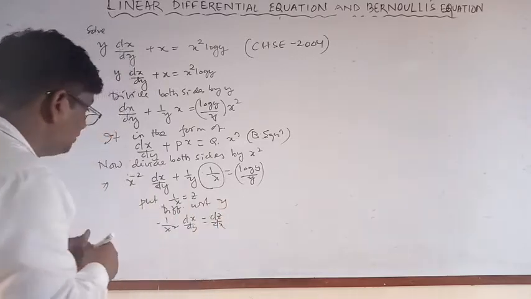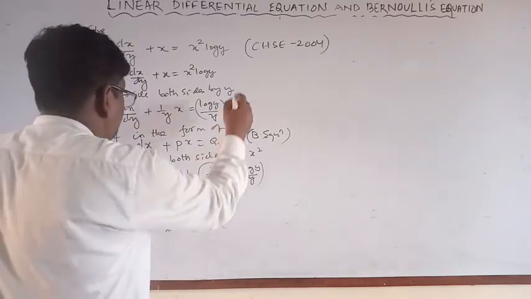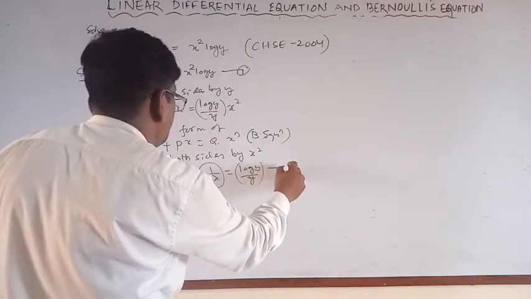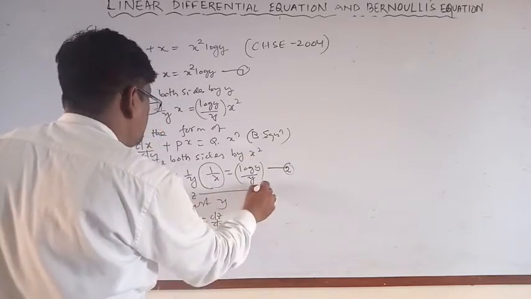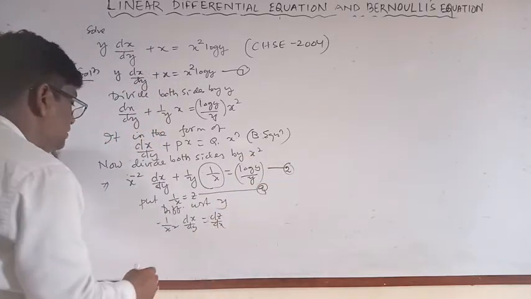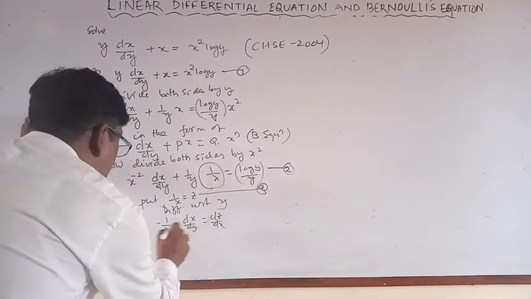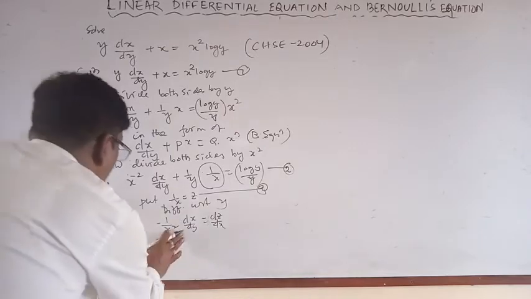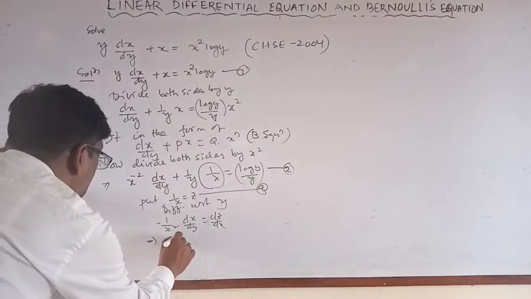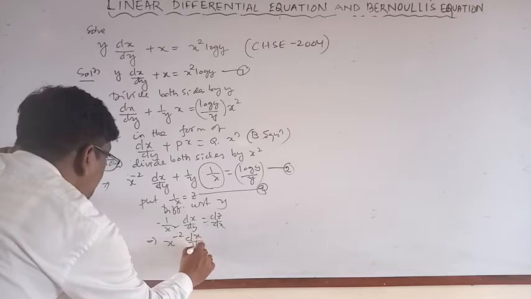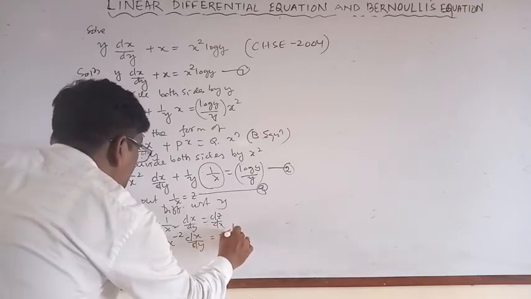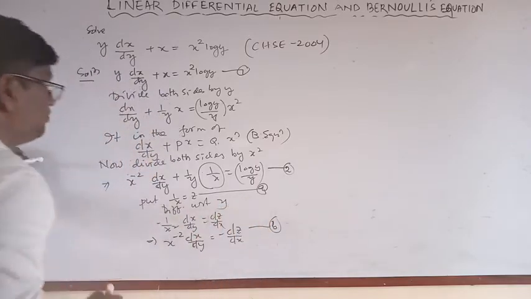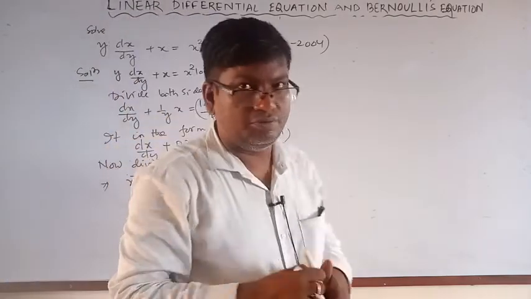Suppose this is equation 1, this is equation 2, this is equation a, and x^(-2) dx/dy = -dz/dy is equation b. Apply equations a and b in equation 2.